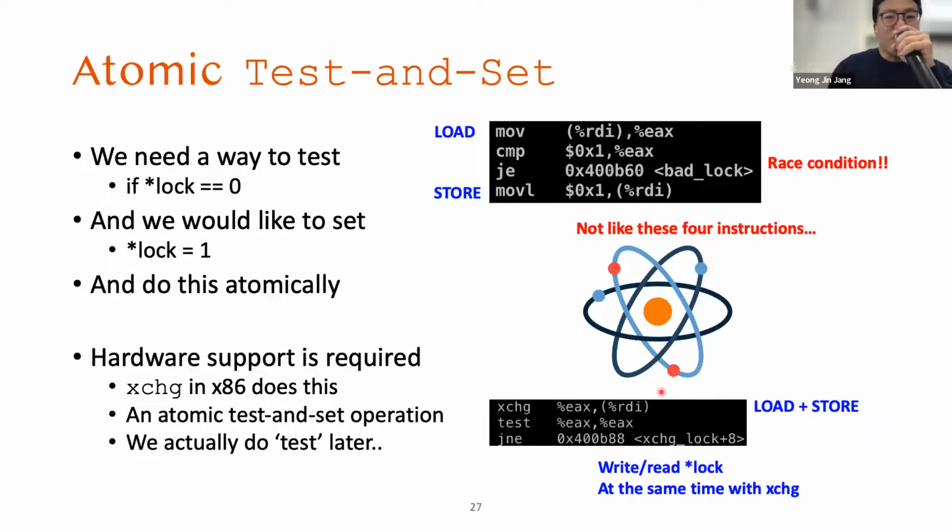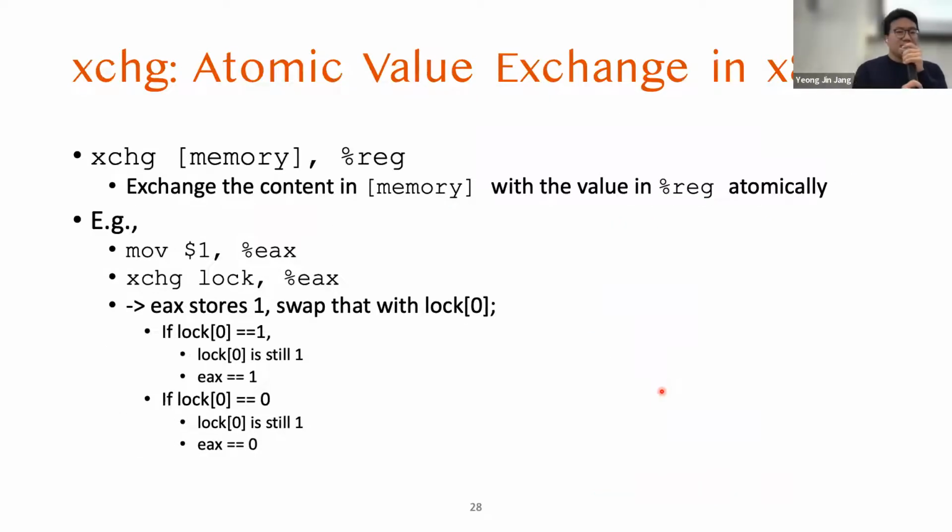Let me explain a little more detail about the exchange instruction itself. The exchange instruction swaps the data in memory and the value in the register. What we would like to do is always set the lock variable to 1. Whether the lock was acquired, with value 1, we will set it to 1, or if it was 0, we will always set it to 1.